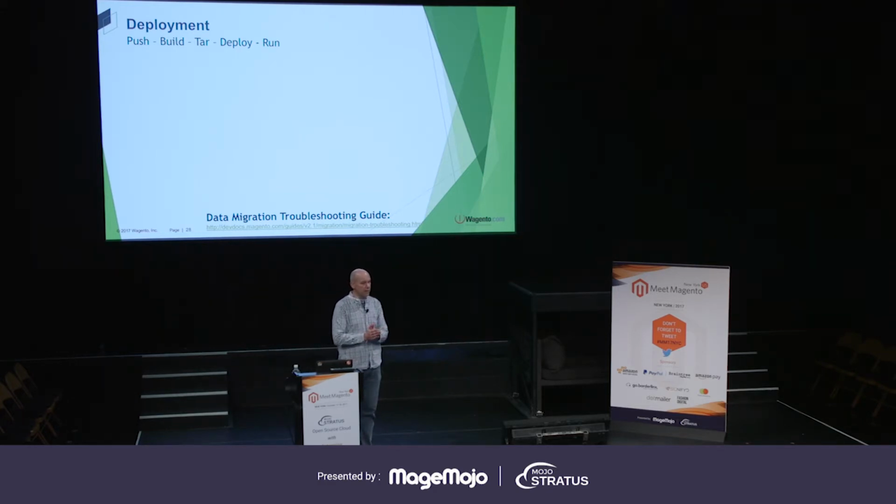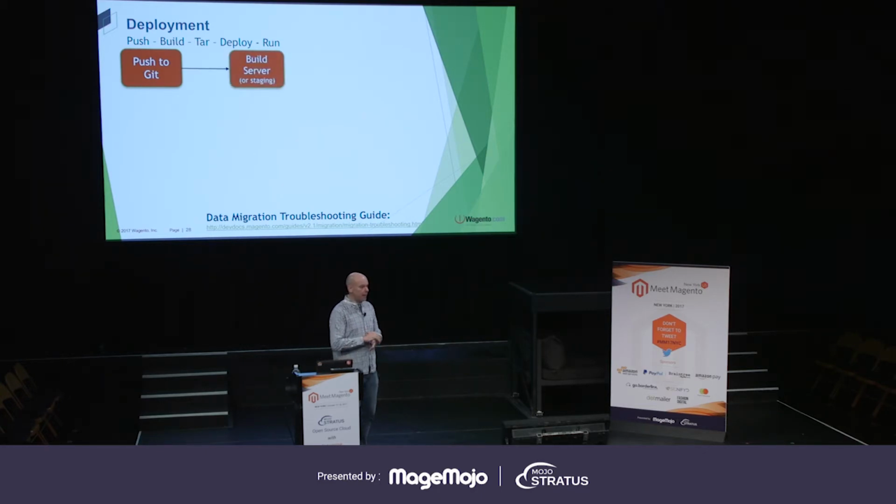So when we're deploying our Magento, we're going to go from a Git repository. We're going to have a branch that comes out of Git, and we're going to build that whole system. What we do is push to either a specific build server or a staging server.